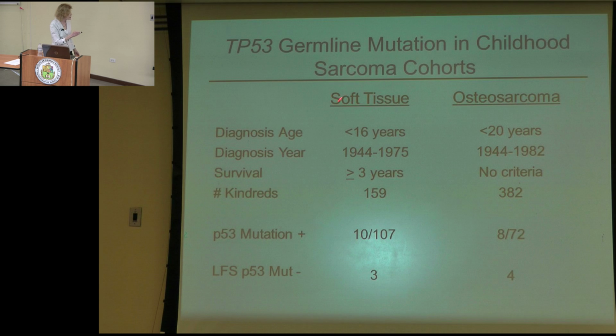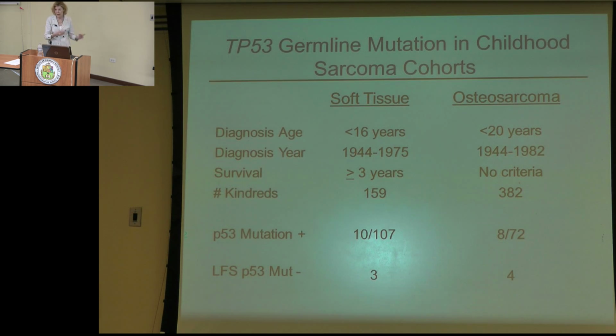So what we did was to set up two separate studies, one studying the families of children who had had the soft tissue sarcomas, the original kind of Li-Fraumeni tumor, and a separate one that studied families of osteosarcoma. For the soft tissue sarcoma cases, they were patients treated during these years. So in 1976, some of these patients had been treated many years ago, and we continued to follow these families.